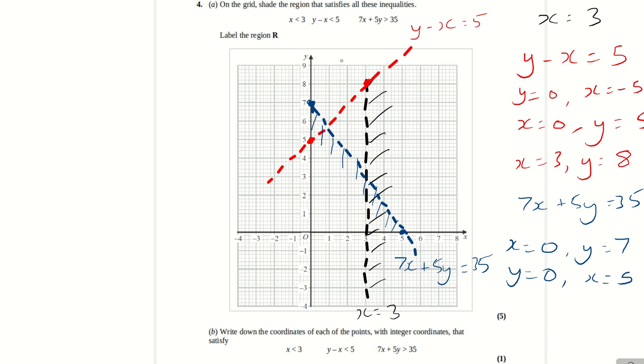We wanted y minus x is less than 5, so the area above the line is where it's greater. So I shade that red. And that leaves us with the area which we want, which we need to label R, and it's that area in the middle there, labelled R.